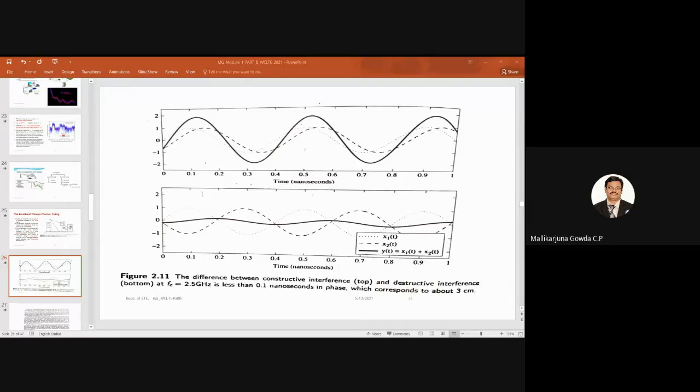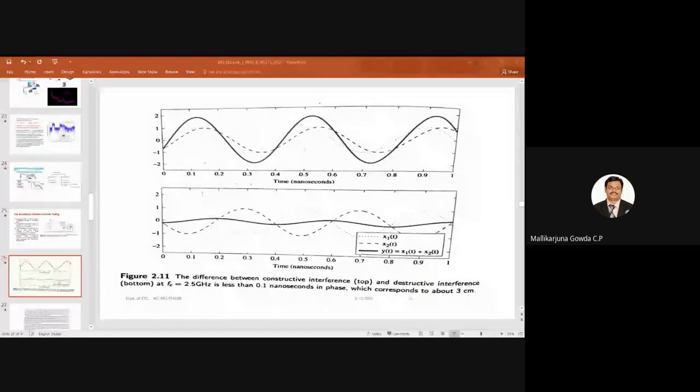If the phase difference between the two signals which are arriving at the receiver from two different paths is large, then I say it is a constructive interference. In that case, I will be getting the received signal with a magnitude which is larger. That is why it is called a constructive interference. When the phase difference between the two signals arriving at the receiver is small, then that will be destructive interference.